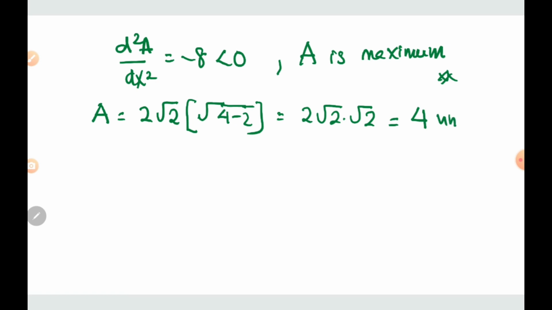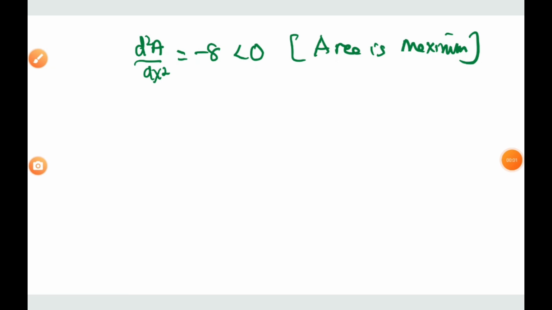Okay, so 4 unit squared. This is the maximum area. Therefore, we can conclude that d²A/dx² is equal to -8, that is less than 0. Therefore, the area is maximum.